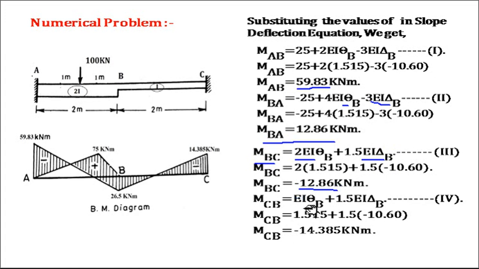Then for the moment in member CB, it is minus 14.385. Okay. So these are the different moments in member AB, BA, BC and CB.